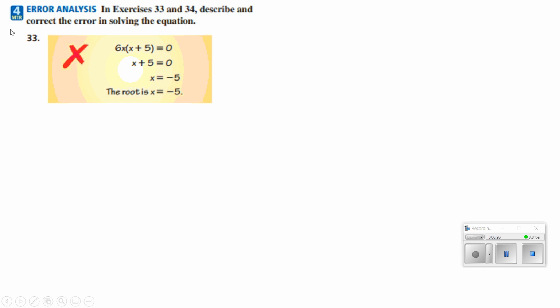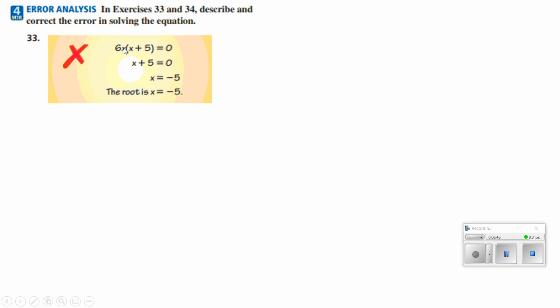33 says describe and correct the error in solving the equation. Well, they said 6x times x plus 5 equals 0 is going to give them x plus 5 equals 0. And then they have to subtract 5 from both sides, so the root is negative 5.